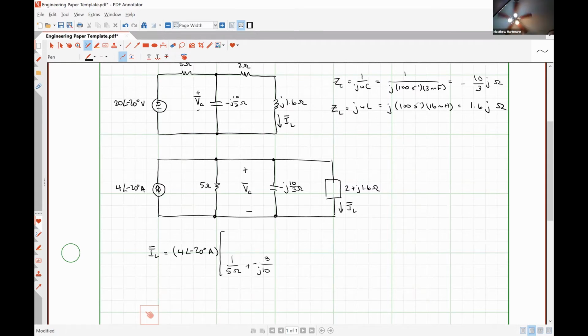I'll leave it as it is. That's probably too confusing. 2 plus J 1.6 ohms. And then 1 over 1.6 ohms goes here. Take a minute to throw that in my calculator.